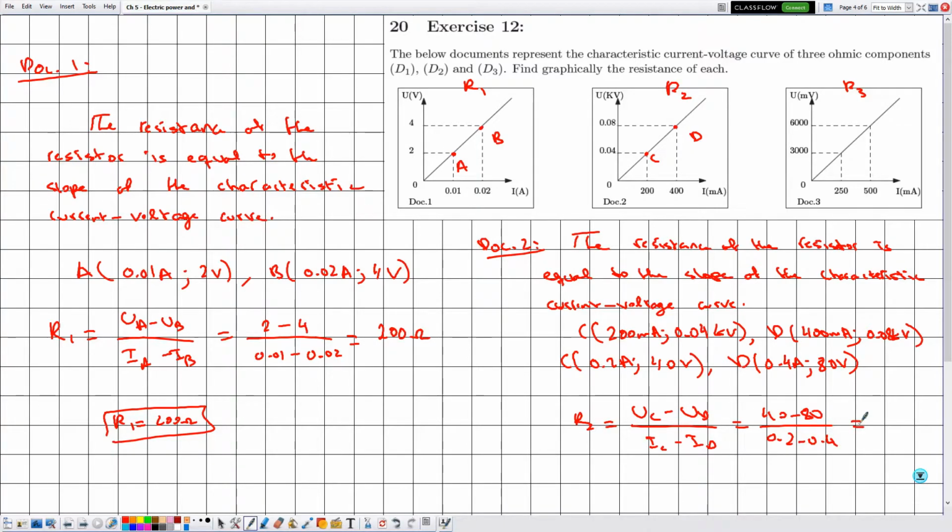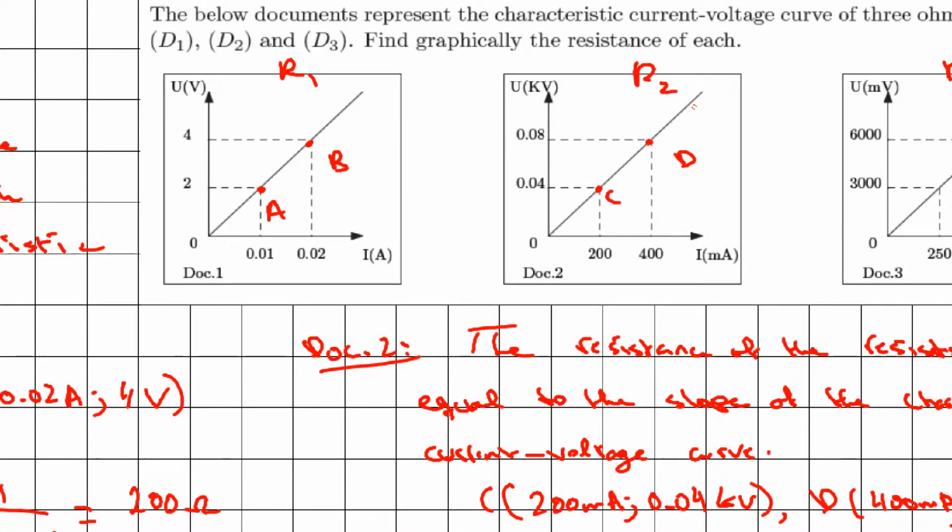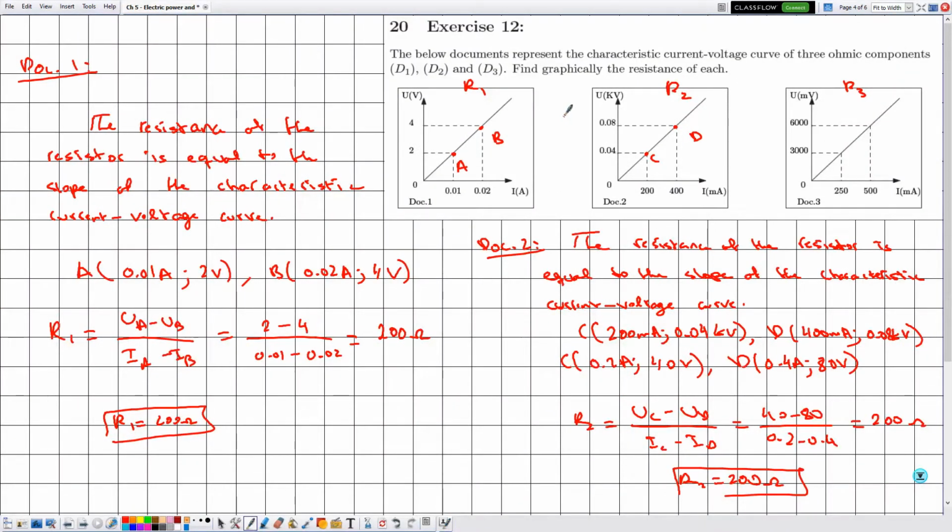Now plugging this expression on the calculator, we have minus 40 divided by minus 0.2, which is also 200 ohms. Then R2 is equal to 200 ohms. Notice that although the values of these points and the units across the axes of this curve are different, they have the same resistance.